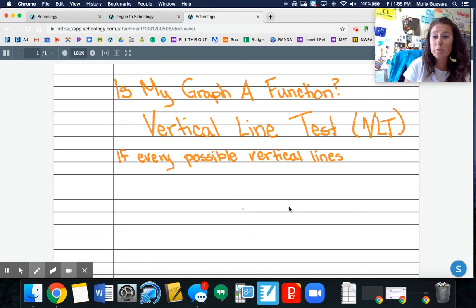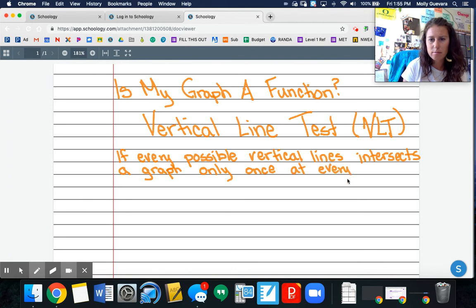Okay, but so if every single one of those intersects a graph only once, at every input, then the graph is a function.